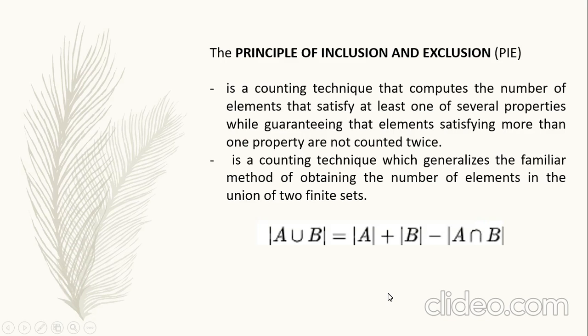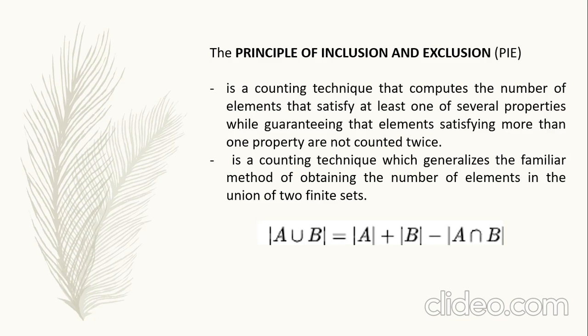So, the principle of inclusion and exclusion is a counting technique that computes the number of elements that satisfy at least one of several properties while guaranteeing that elements satisfying more than one property are not counted twice.